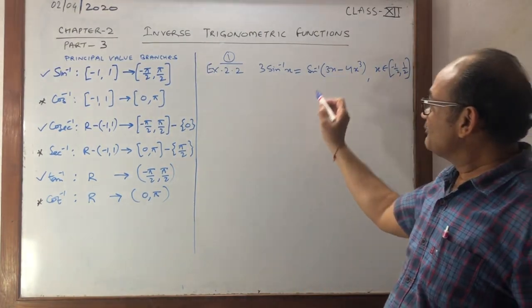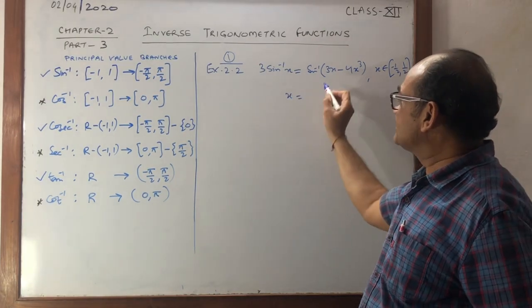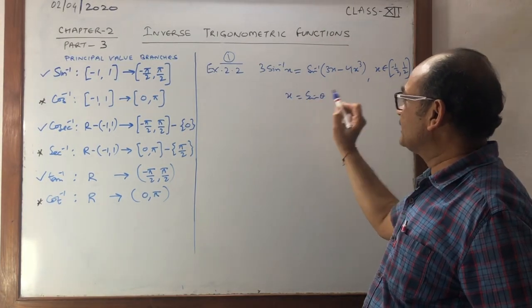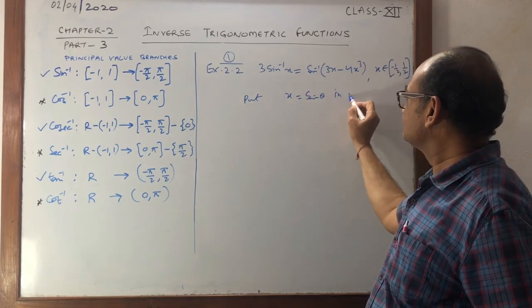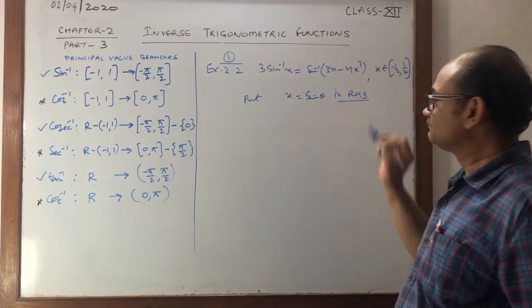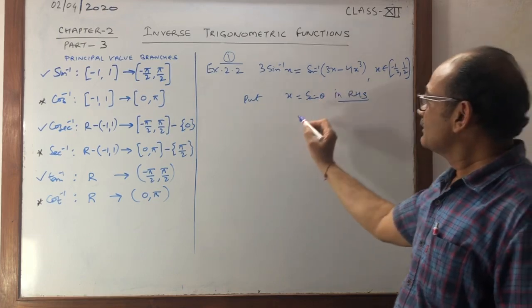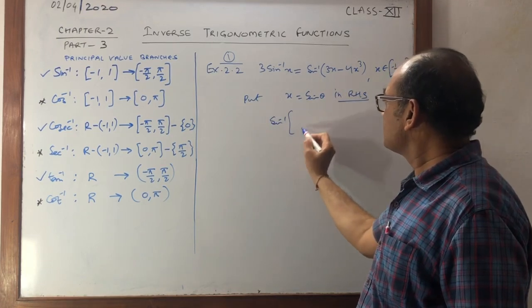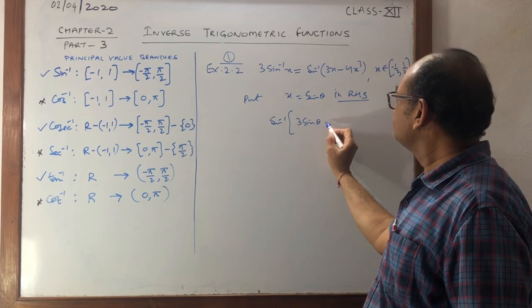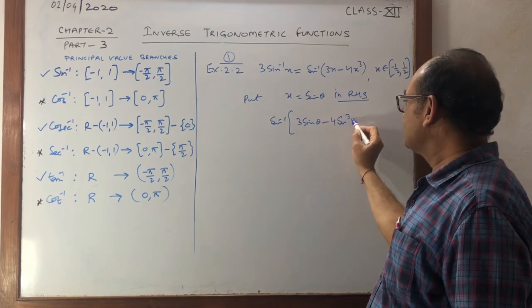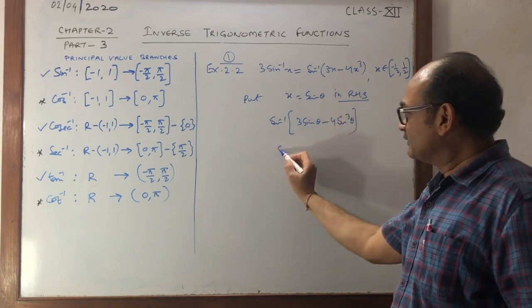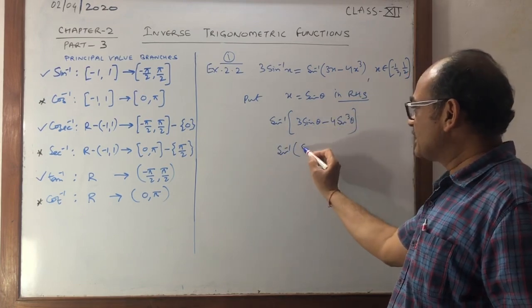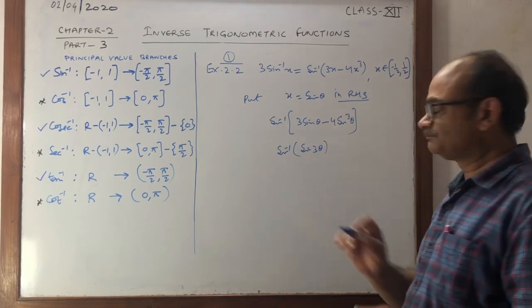So if we suppose x equals sin theta and put it in the RHS, what are we getting? Sin inverse of (3 sin theta minus 4 sin cube theta). Inside the bracket, it is nothing but sin 3 theta.